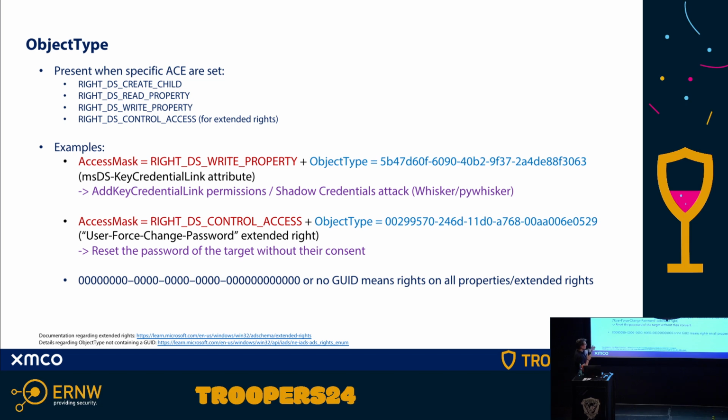There are some specific cases for the GUID of the object type and inherited object types, such as the zero GUID, or even when there is no GUID, which means that you actually have the rights on all the properties or extended rights on the object. So for example, WriteProperty with a zero GUID, you can write any property on the object.